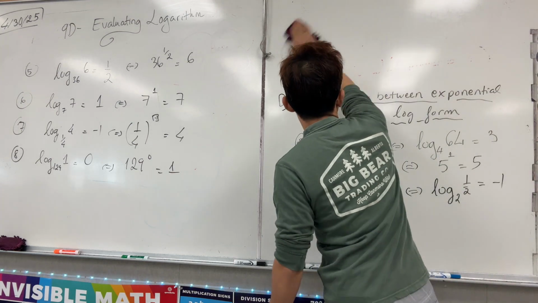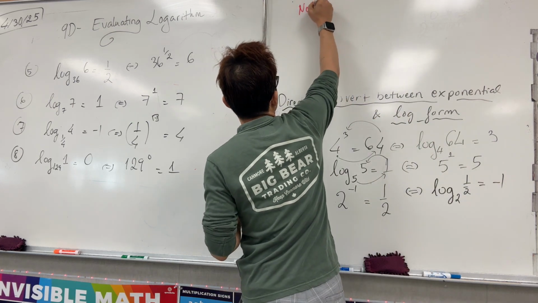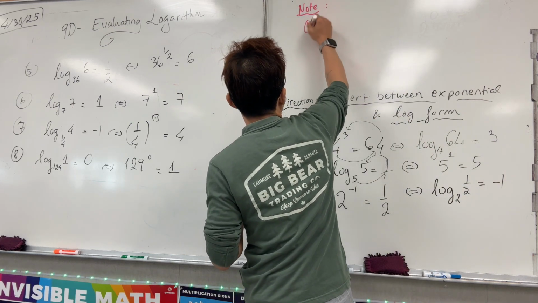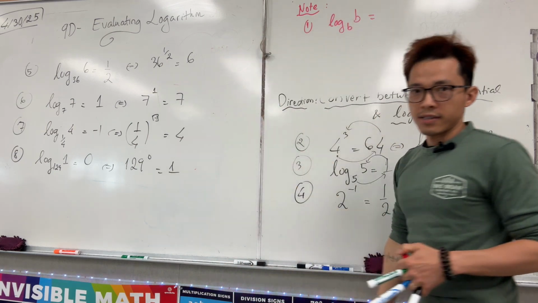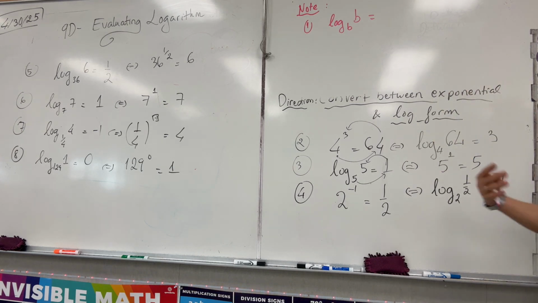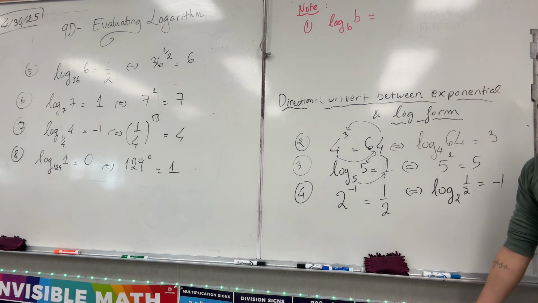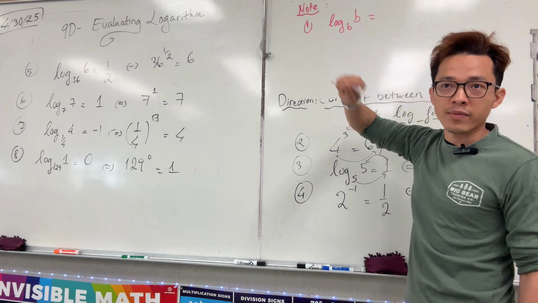All right, so write a note. Whenever you see log b of b, take a look at the 8th example we just did. When you see log b of b, what is it equal to? 1. When you have the same number, you can think of it as canceling out. Like this.